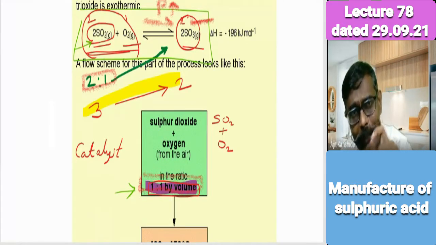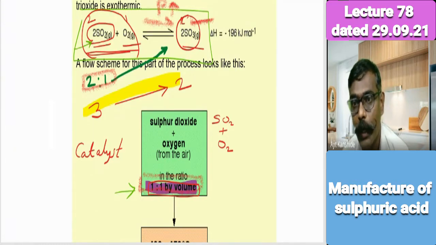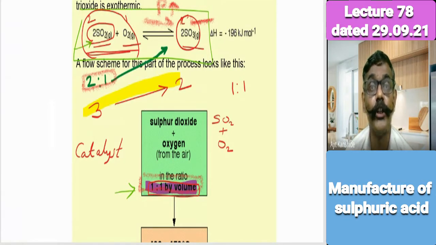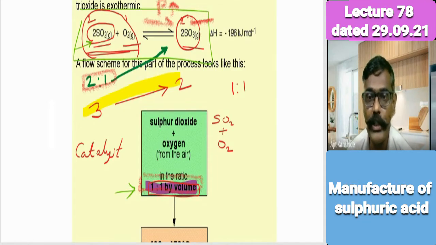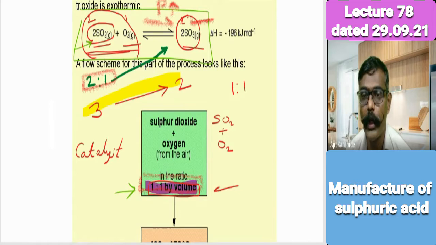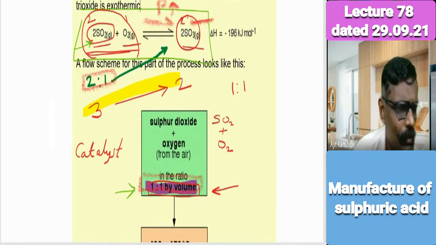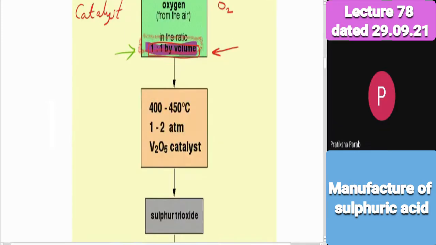So practically people found that when we take a 1:1 ratio of reactants, there is a considerable production. More production we want, and therefore they have considered 1:1 volume for sulfur dioxide and oxygen. Students, are you getting this concept at least partly? Yes, sir.